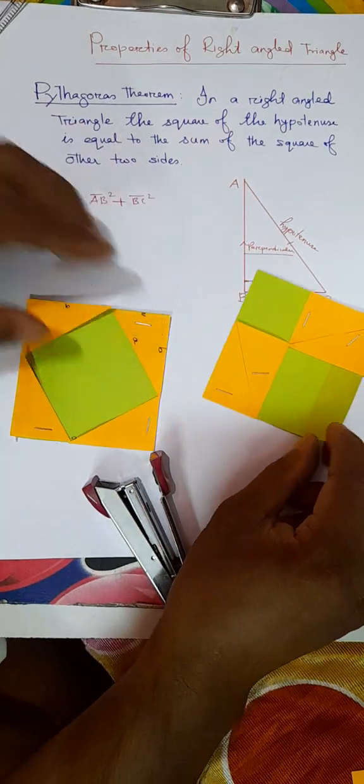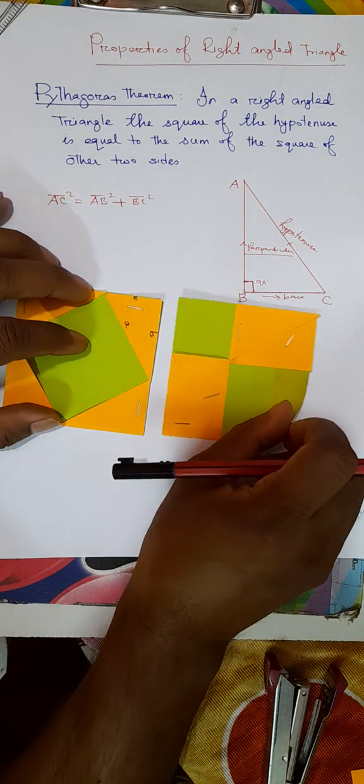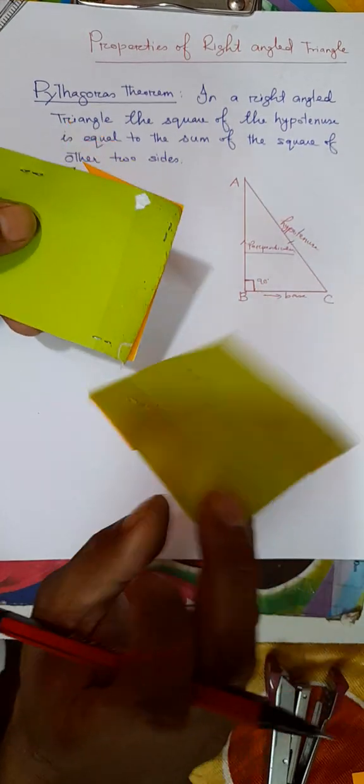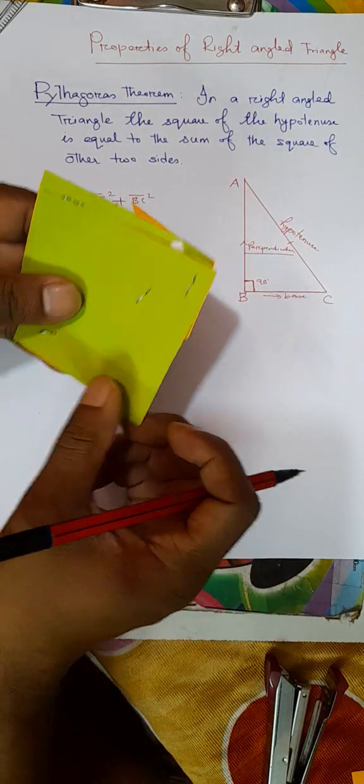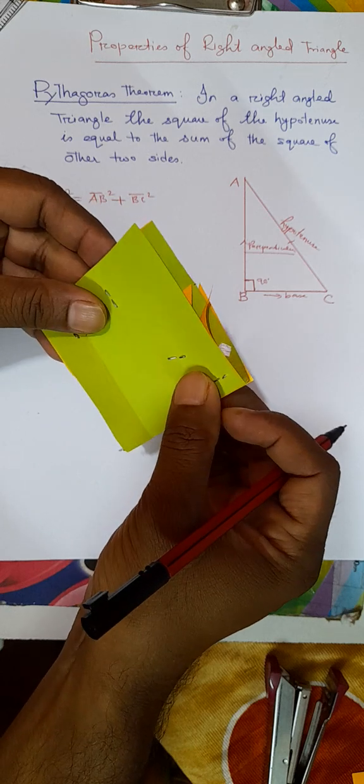Okay. Now you see, in both these squares, originally these two squares were identical. Both have the same surface area.